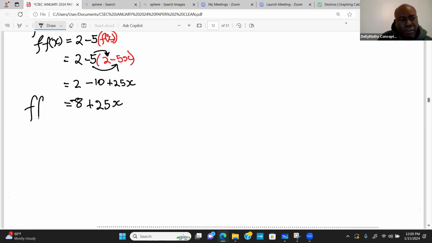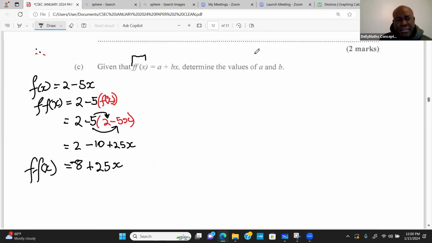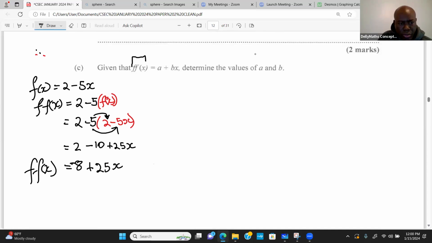Now, this is f of f of x. Remember that we were told that this is equal to a plus bx. So we could take a look at this. Negative 8 plus 25x.